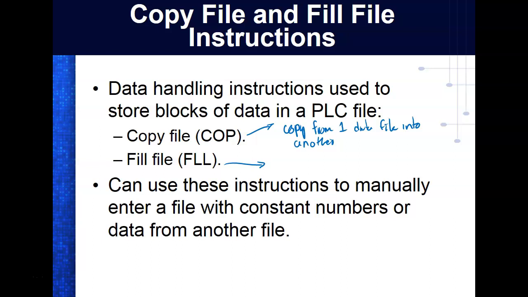So if I wanted to put all ones in there, I could fill it with FFFF, and I could say fill this number of addresses, and then automatically pop them in there. And this is consecutive, by the way. So instead of putting one, we should say consecutive data files.